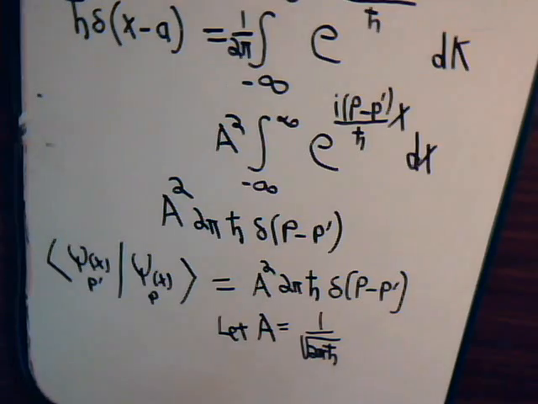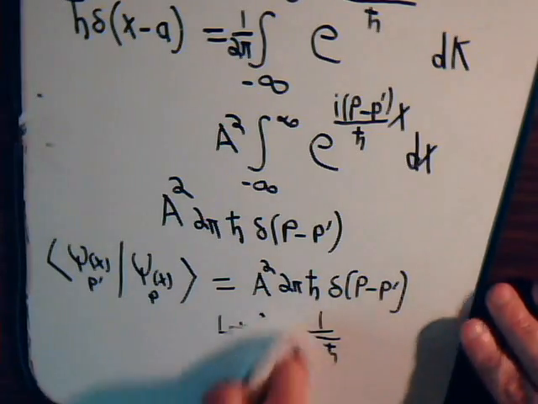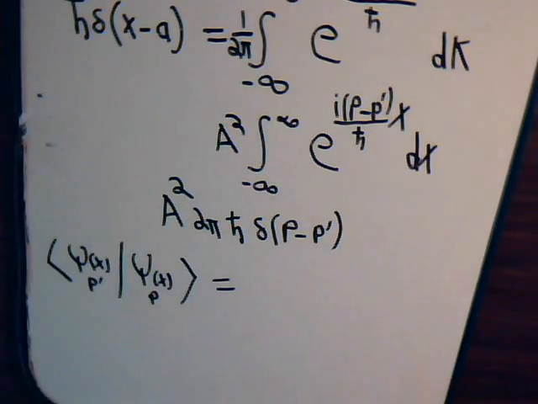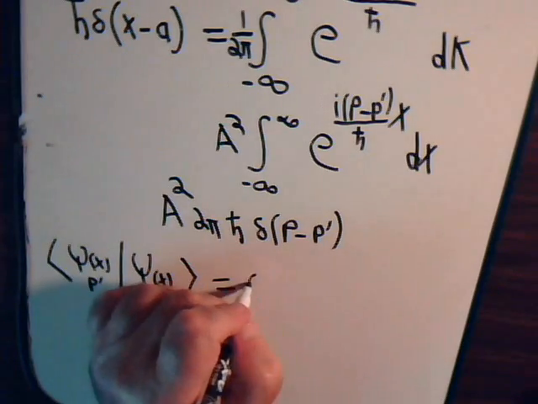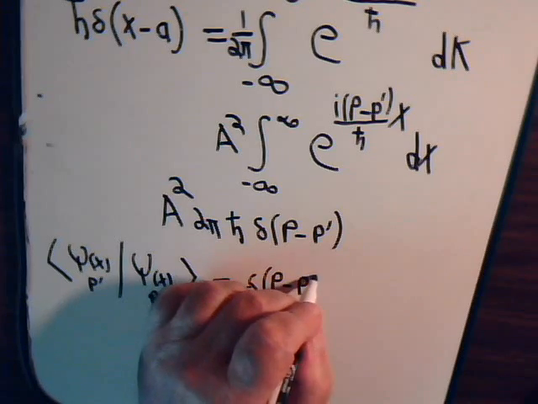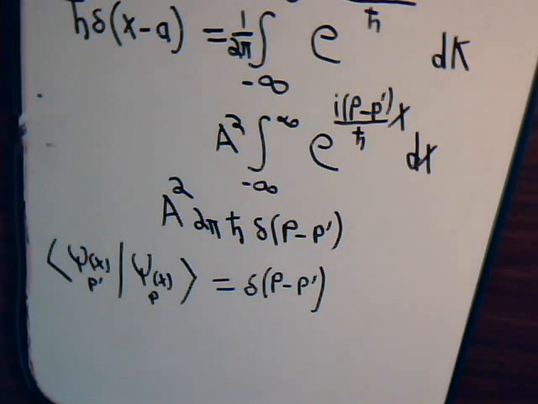Remember, this is completely arbitrary, so this is completely legitimate. We can let it equal anything we want. So we do that, and here's the expression. So finally now we have an expression for the inner product of the eigenfunctions of two momentum operators.